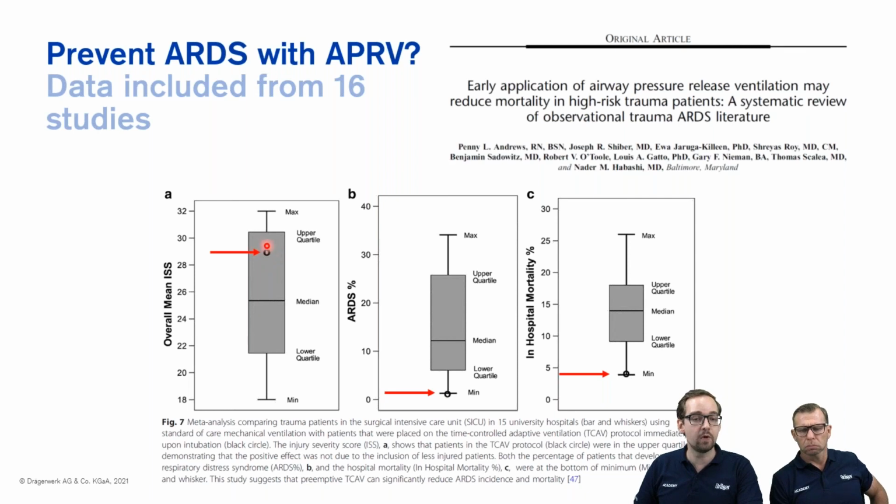And those patients, when looking at the incidence of ARDS, were in the lowest group of ARDS. So these rather sick patients were in the lowest group that actually developed ARDS and had the lowest in-hospital mortality.